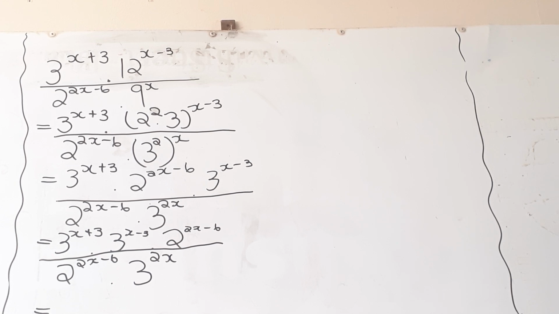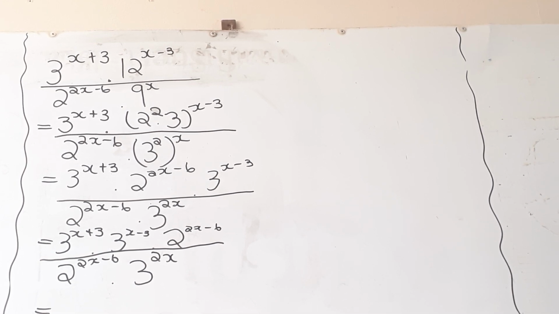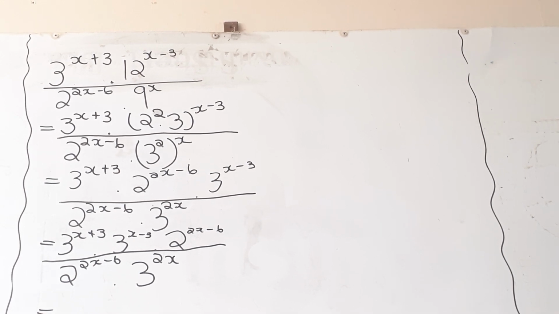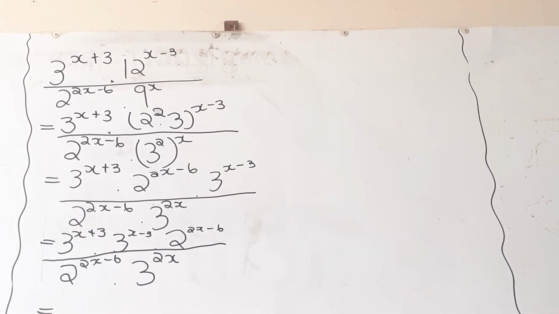So that 3 to the power of x plus 3, times the 3 to the power of x minus 3 are like terms. So what we're going to do with them is add those exponents.